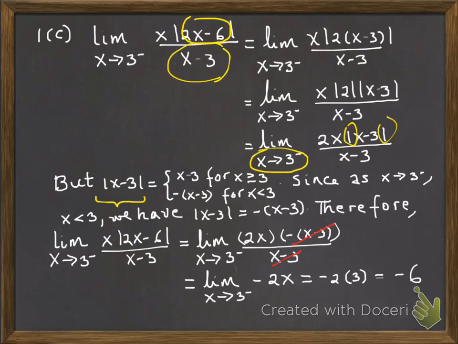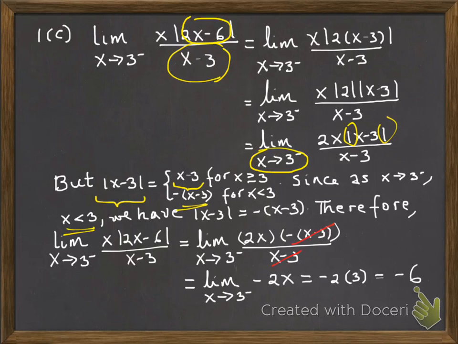It will be itself whenever x minus 3 is non-negative, which means when x is greater or equal to 3, and it will be the negative of x minus 3 whenever x minus 3 is negative, which means when x is less than 3. But since we are interested in the values of x when x approaches 3 from the left, the value of x is less than 3, so we take this branch.